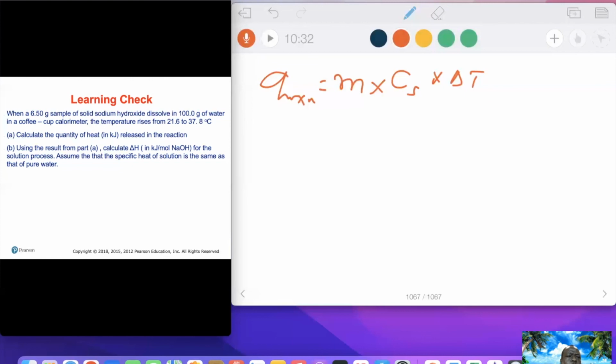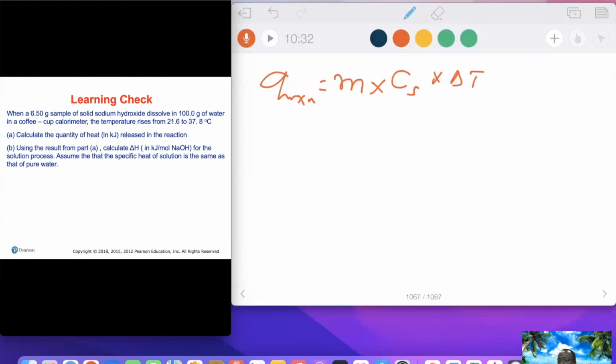When 6.50 grams of solid sodium hydroxide is dissolved in 100.0 grams of H2O in a coffee cup calorimeter, the temperature rises from 21.6 to 37.8 degrees Celsius. Calculate the heat in kilojoules released in the reaction. Using the results from part A, calculate the enthalpy in kilojoules per mole of sodium hydroxide.